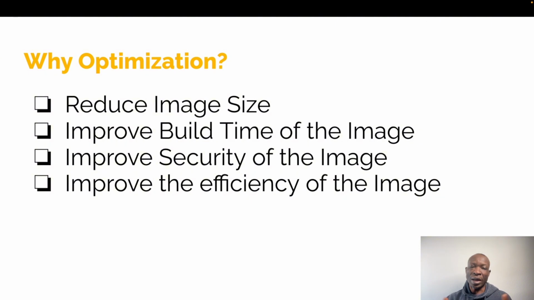So you can easily understand that if the image size is 1 GB, for example, it's going to take a lot longer to download the image than if the image were just about 10 MB. So from that perspective, it's always good to make sure that your image sizes are as small as possible.